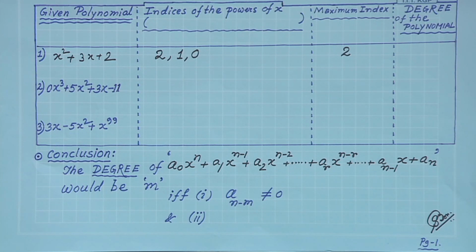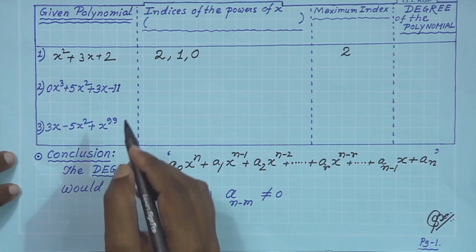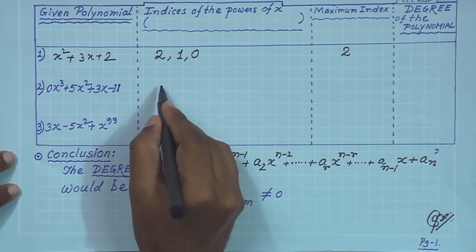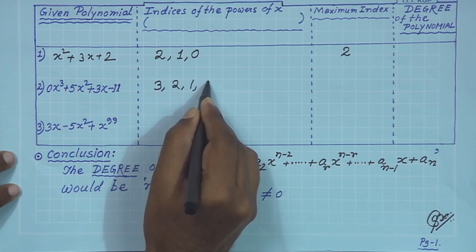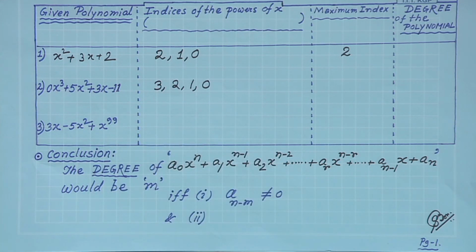Okay. For the second one, what are the powers? The powers are 3, 2, 1 and 0. Again, observe the coefficients of the terms. The first coefficient is 0. Actually, this very term with index of the power 3 will be absent in the polynomial.